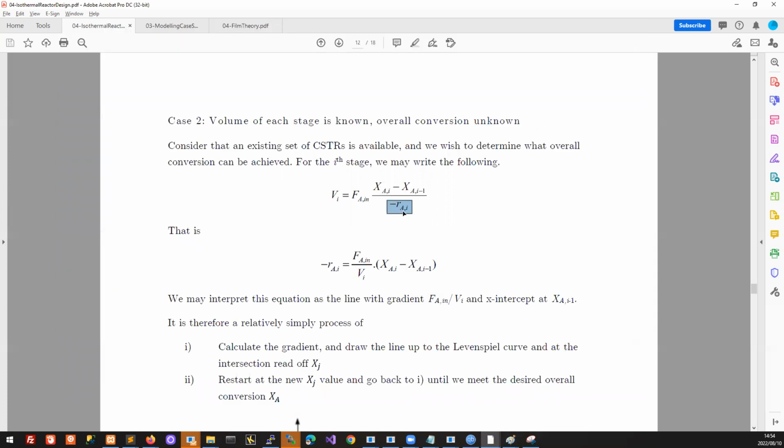So that's defined. That's a number that we have. This is fixed, right? Your inlet molar flow rate, we have been assuming we know that. So the only variable left over is this one. We've been told what the volume is. The starting conversion is 0 and we read off RA. So the only thing to work out is that.